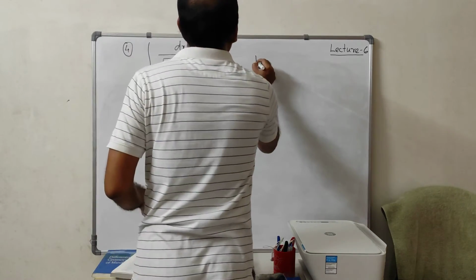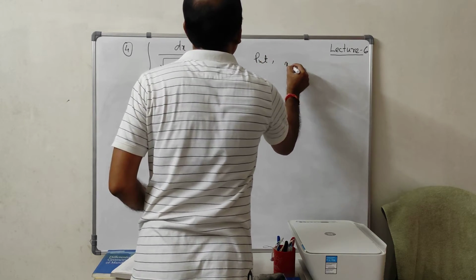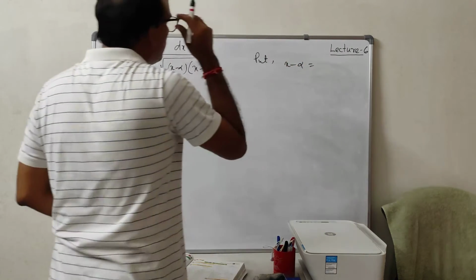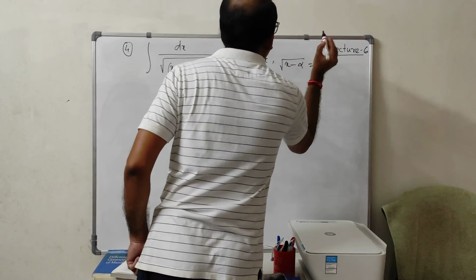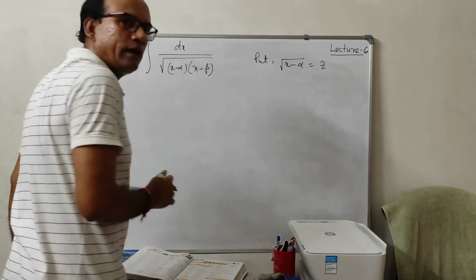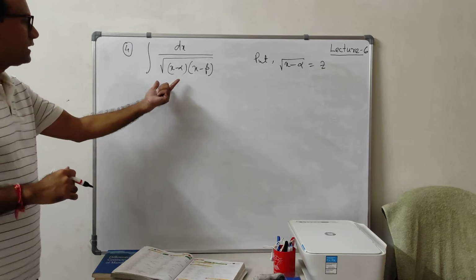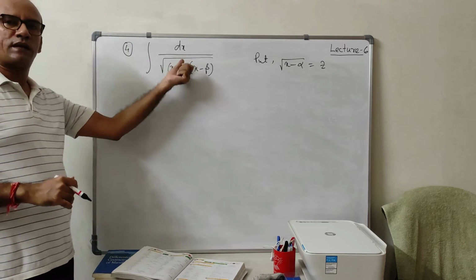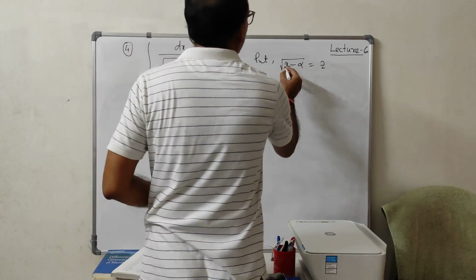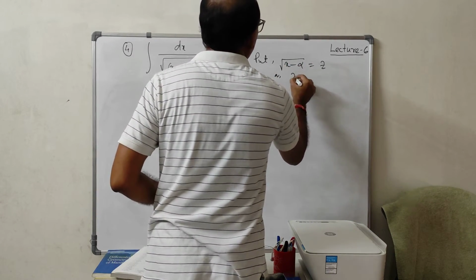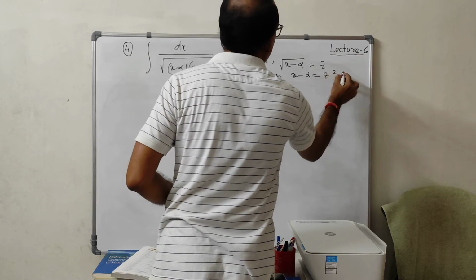Instead, just put root of x minus alpha as some new variable z. Because if you see, this is nothing but root of x minus alpha into root of x minus beta. So I just take root of x minus alpha as z, that is x minus alpha equals z square.